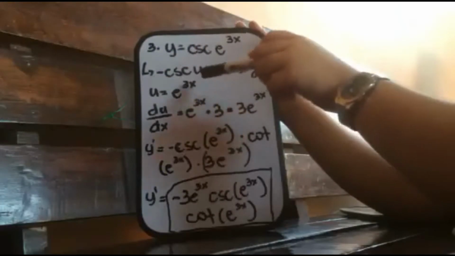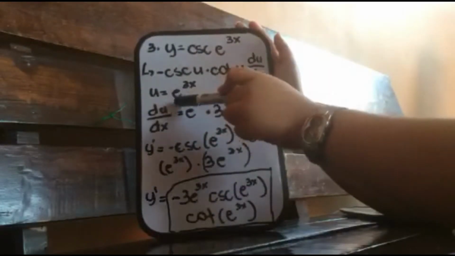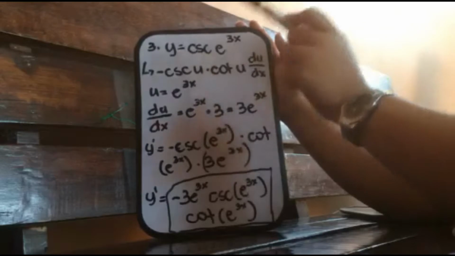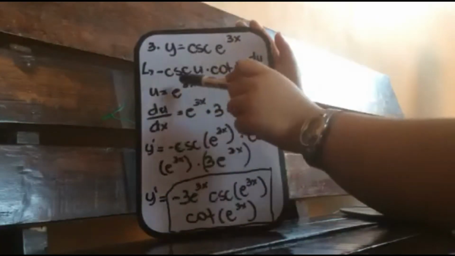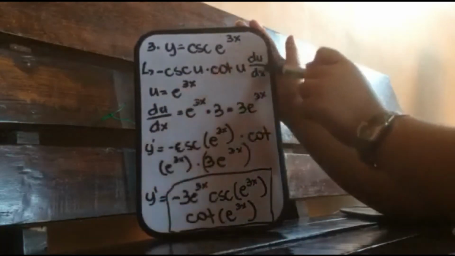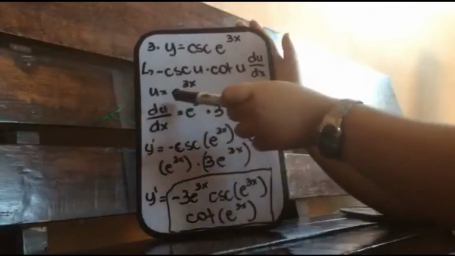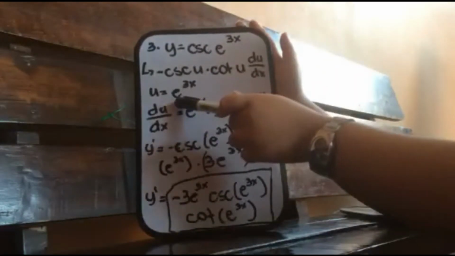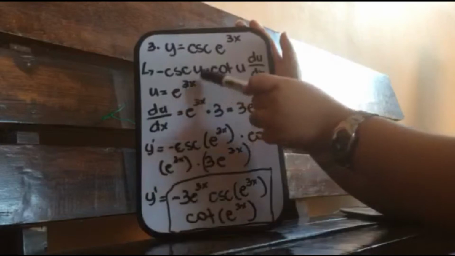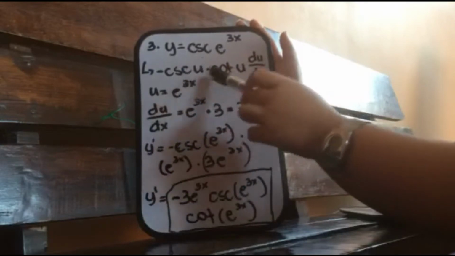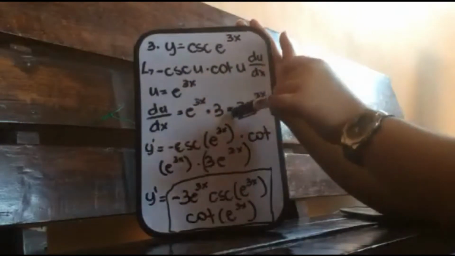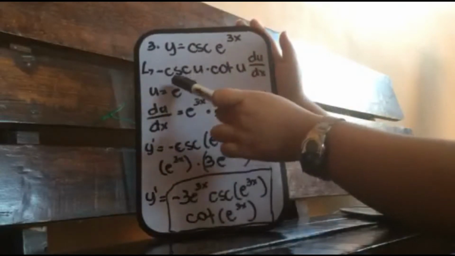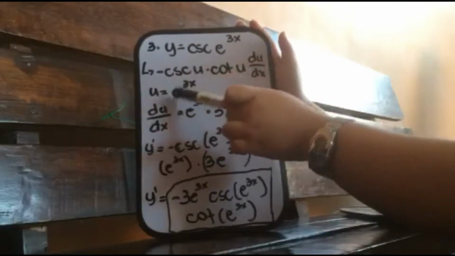So, yung u natin ngayon ay etong e raised to 3x na. So, kukunin naman natin yung derivative netong e raised to 3x para makuha natin yung value nito. So, para makuha natin ang derivative netong e raised to 3x, ay gagamitin natin siya ng formula na e to the u times derivative of the u. So, e to the u ay mismo, eto na yon, etong e raised to 3x.